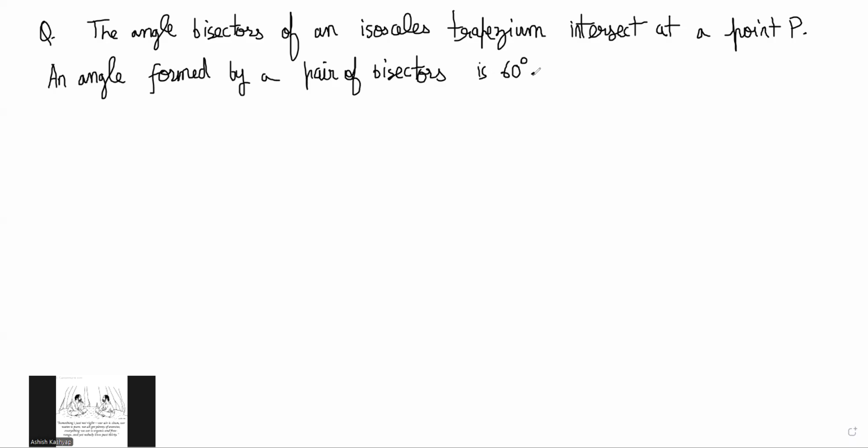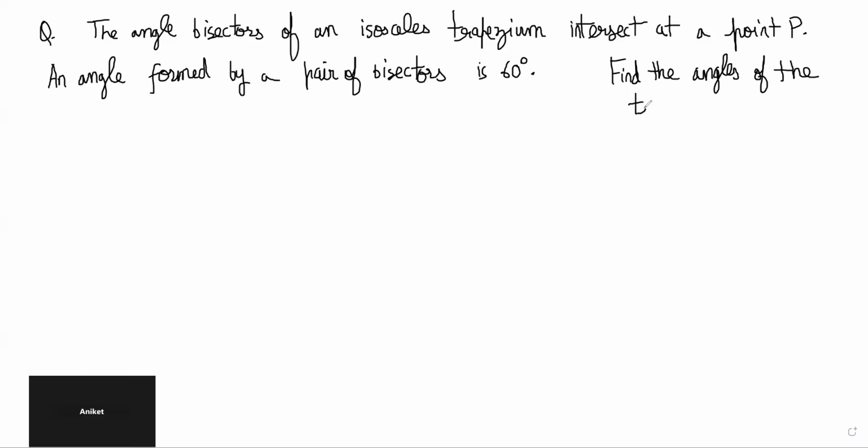One of the angles is 60 degrees, and you have to find the other angles of the trapezium. Find all the angles of the trapezium. The bisectors are concurrent at P. That's what it is saying.